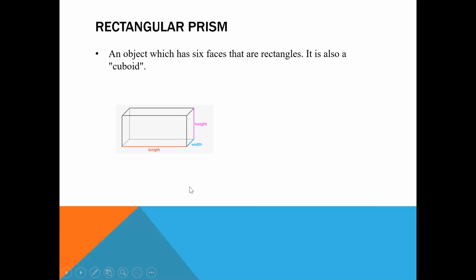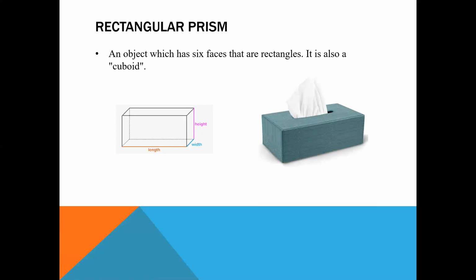Have you seen something like this in our day-to-day life? Oftentimes we use this in the classroom, you use it at home, you use it on a dining table. You guessed it right. It's a tissue box. It has the same shape as a rectangular prism.